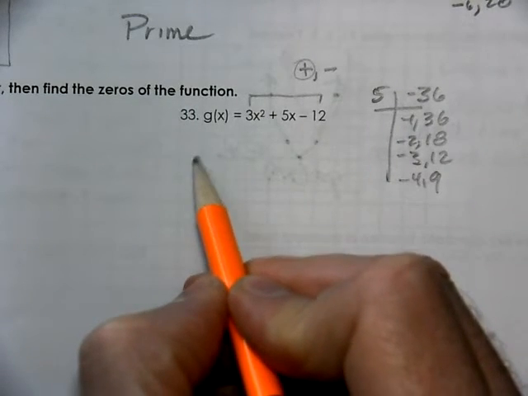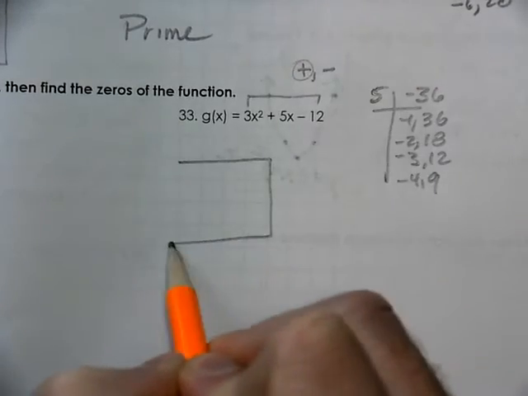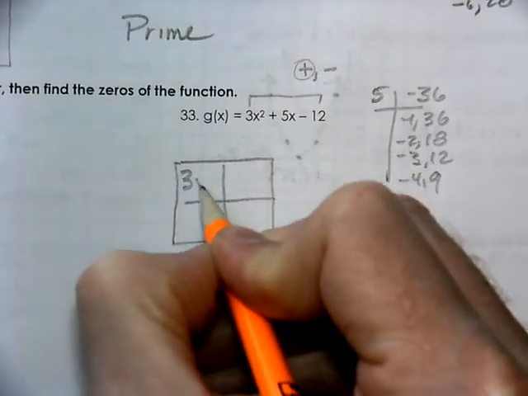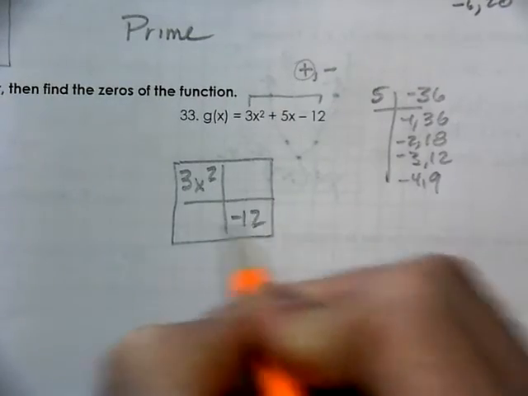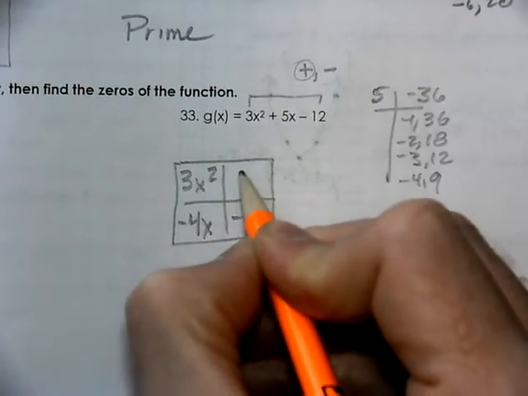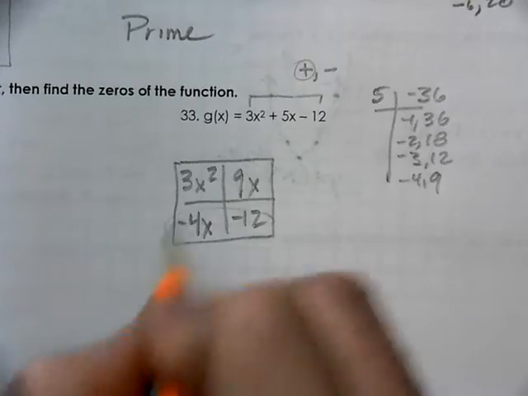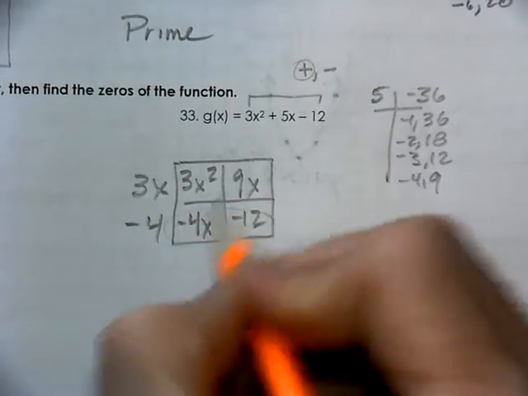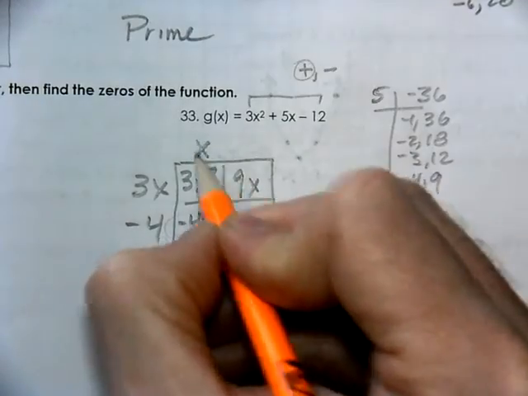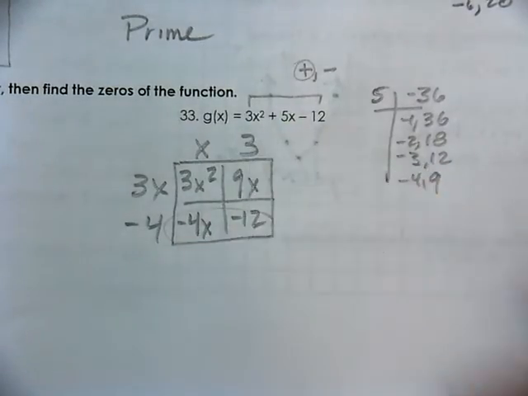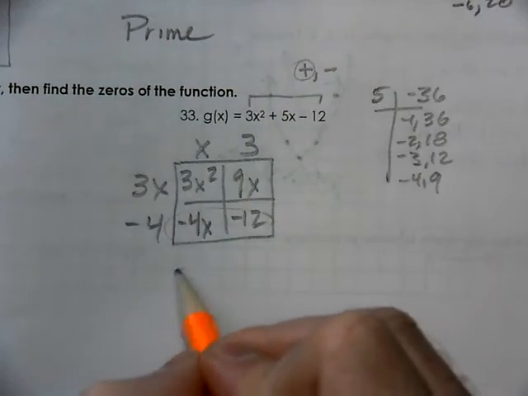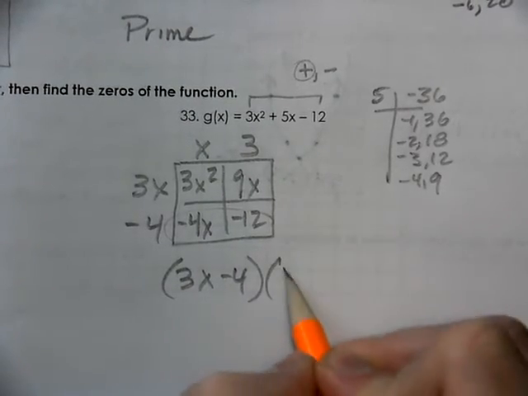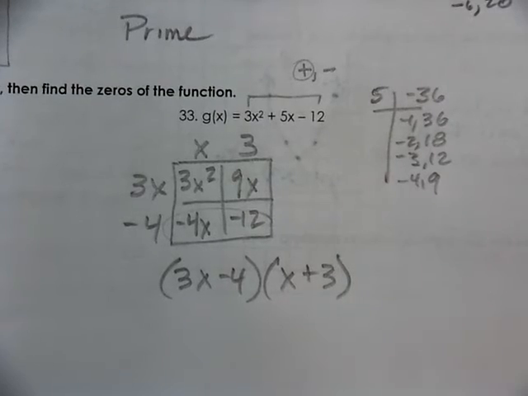Using the box method, you could use factor by grouping if you like. Factor what you can out of the bottom, factor what you can out of the top. That leaves us with 3x minus 4 and x plus 3.